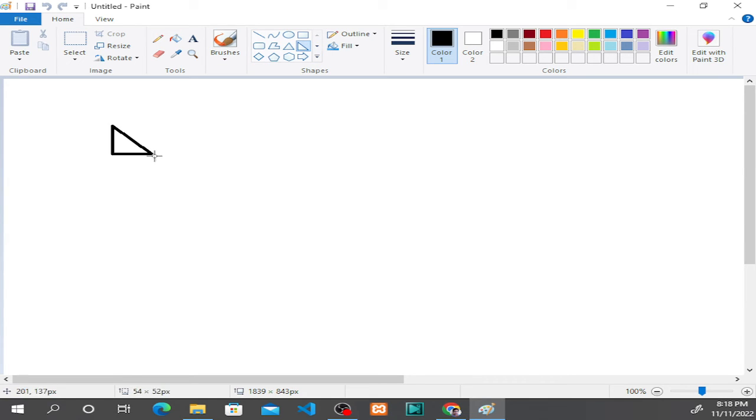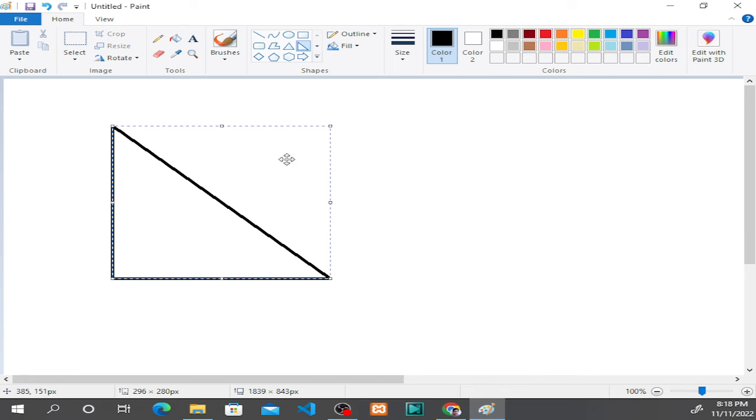Alright, so same figure. I hope I can draw it just the same. So this is theta. We have identified that this is the adjacent side, so I'm going to abbreviate it as ADJ, and this is the opposite side, so I'm going to abbreviate it as opposite.